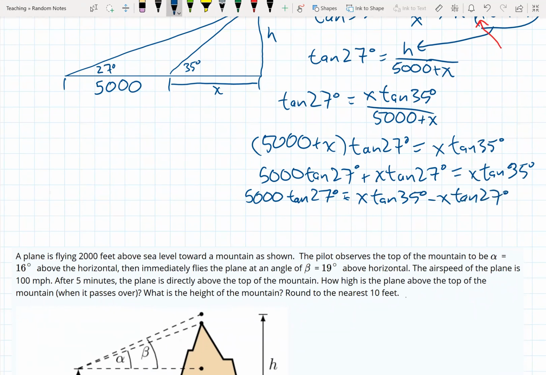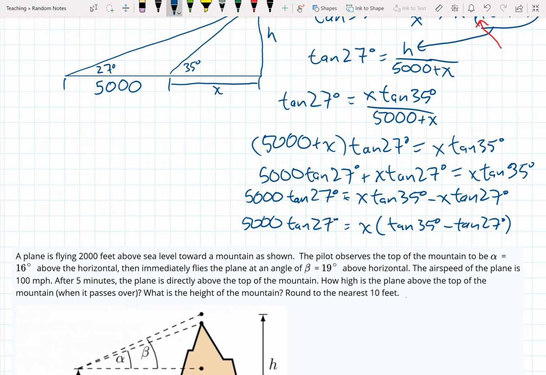And now I'm going to factor out the x. So the right side will become x, and then parentheses, tangent 35 degrees minus tangent of 27 degrees. And the left-hand side is still 5,000 tangent of 27 degrees.